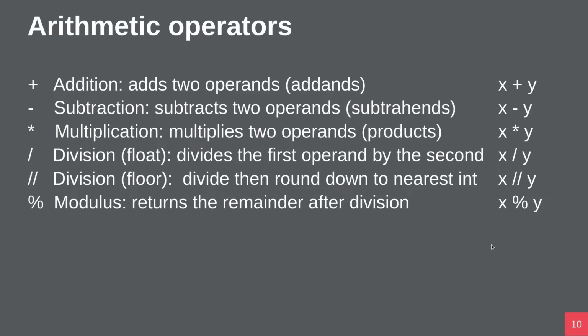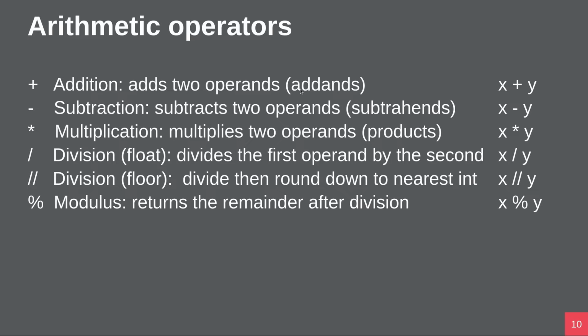Add just adds two values together. Subtract just subtracts two values. Multiply just multiplies two values. Now, when we say that we're going to multiply two values, that's called getting the product of the two values, and these are some of the kind of fancy names.